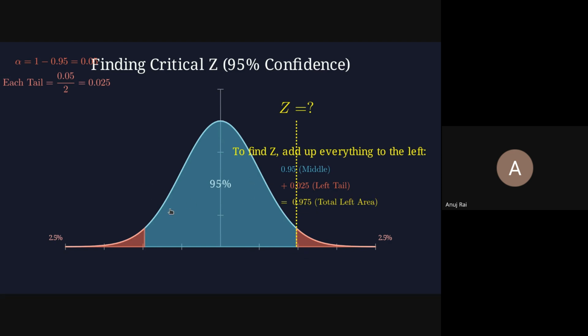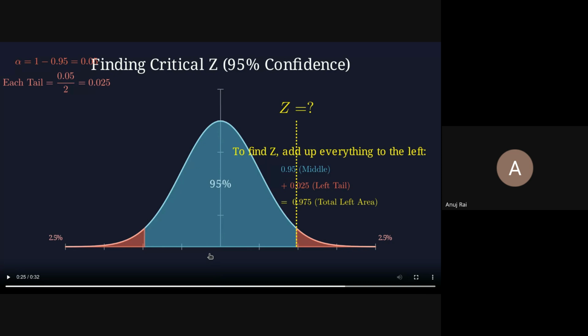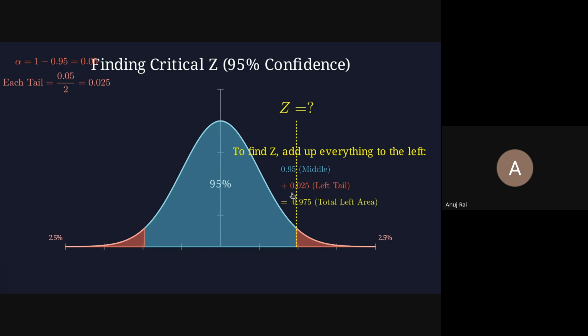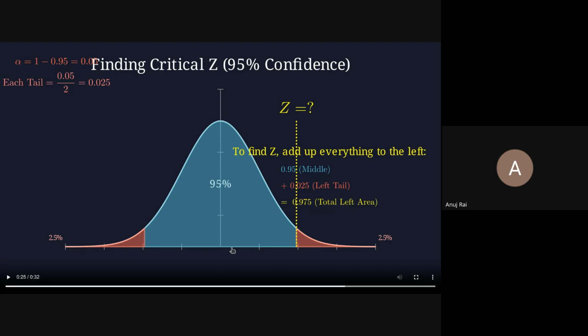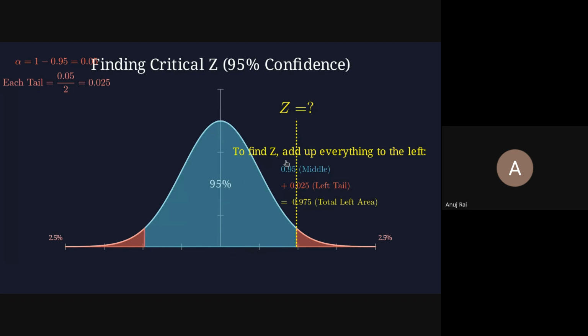In order to calculate that, the middle is 0.95. You add 0.025, that is your left tail, and you get 0.975. Overall 95% plus the remaining 0.025 gives total 0.975. In a similar way, you can calculate for the rest of the percentages, for example, 90, and so on.